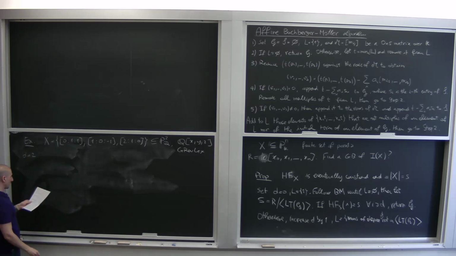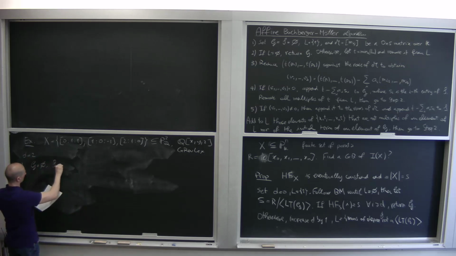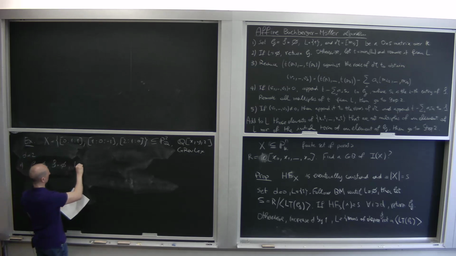So again, for the reasons I said, let's start with degree 2. At this point, there's nothing yet in the Gröbner basis. I have to empty out this set L, and here I take all the monomials of degree 2.